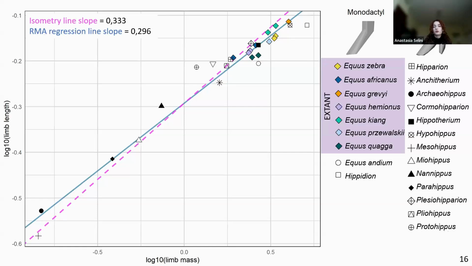In contrast, Protohippus and Cormohipparion, which had a higher moment of inertia, can be seen above the isometry line.